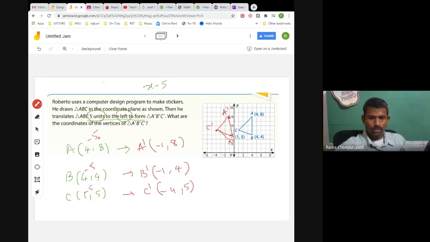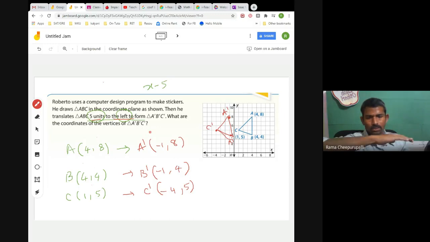Or you take the ordered pairs. Let me erase this. So you take the ordered pairs and write down A, B, and C. Once you write it down, look at the question, what it says. 5 units left.